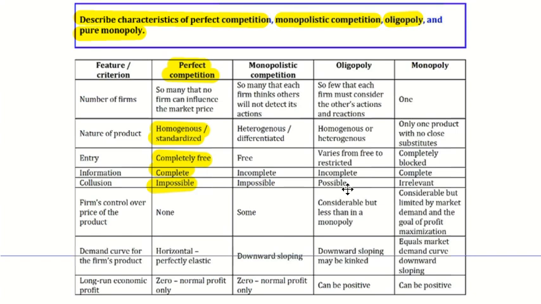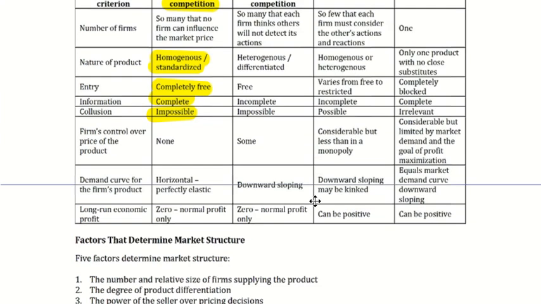Remember, going back to learning module number 1, what would our demand curve look like? It's horizontal. Horizontal meaning perfectly elastic. You can do whatever you like, but if you move away from the price that the market's charging, what's going to happen to the demand for your product?